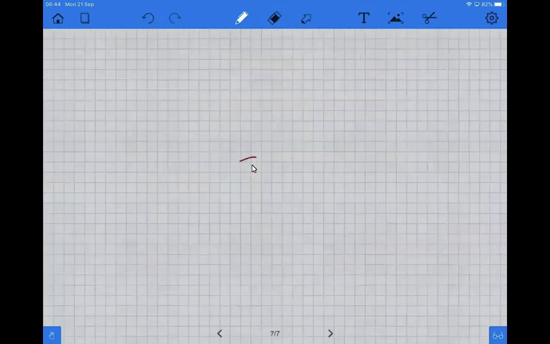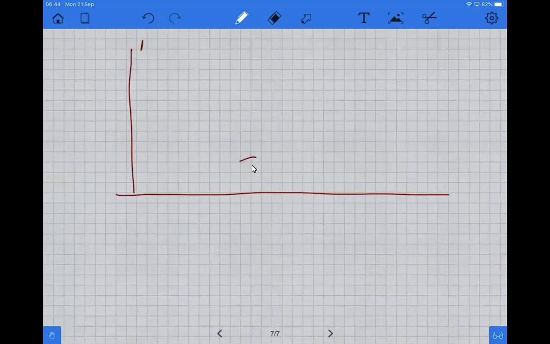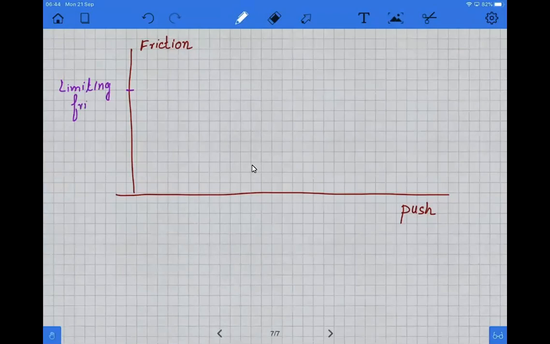Now, if we plot a graph between friction on the y-axis and push or the applied force on the x-axis, you get a point which is called the limit of friction, or maximum friction, or limiting friction. It is the maximum value of friction. When you increase the push, the friction will also increase. A time will come when the friction becomes constant.